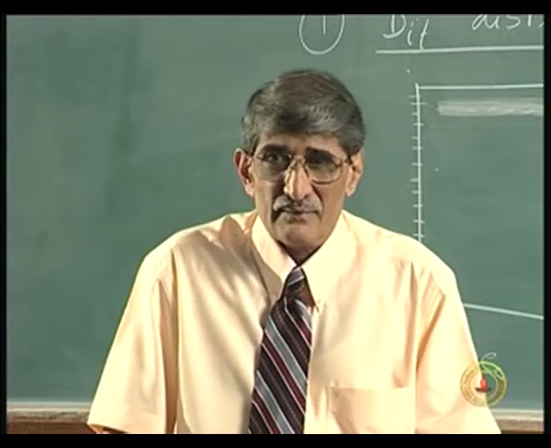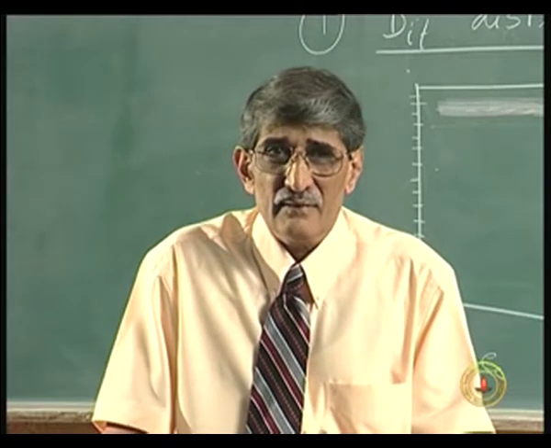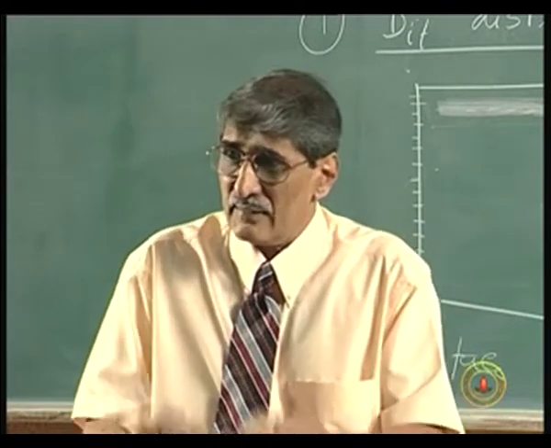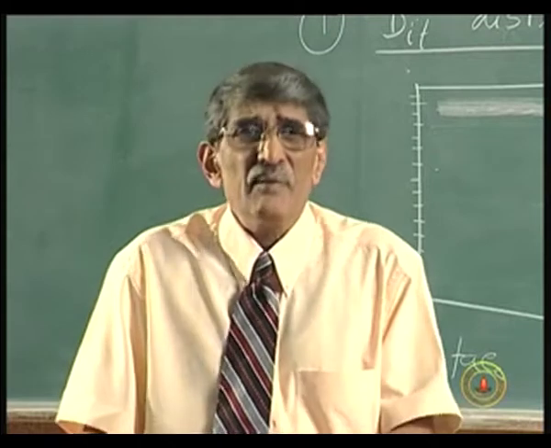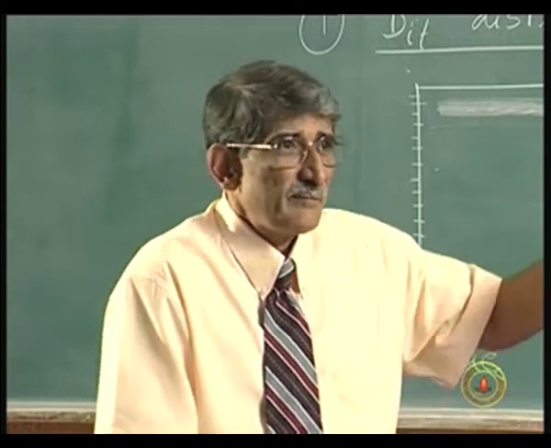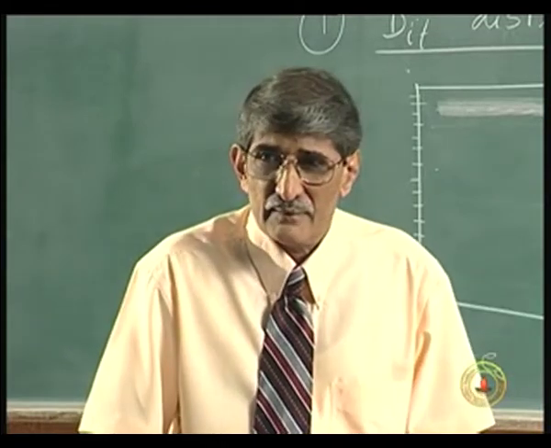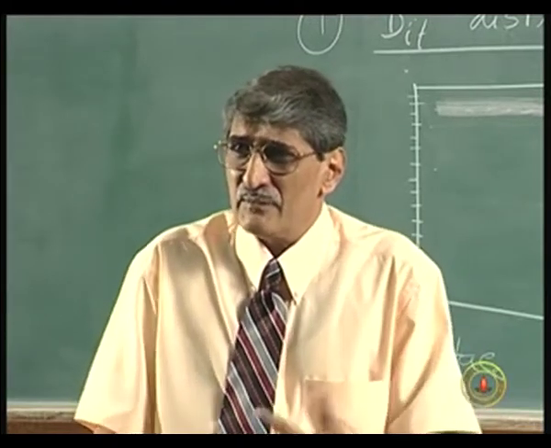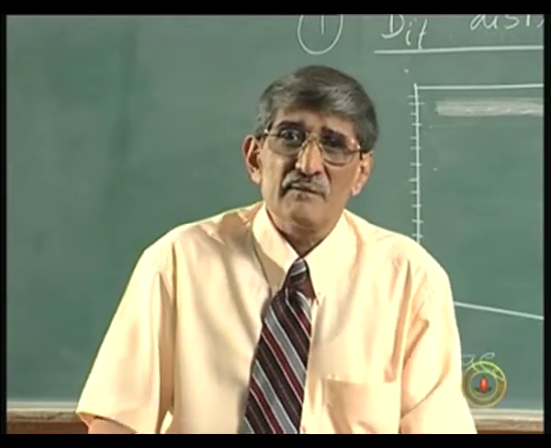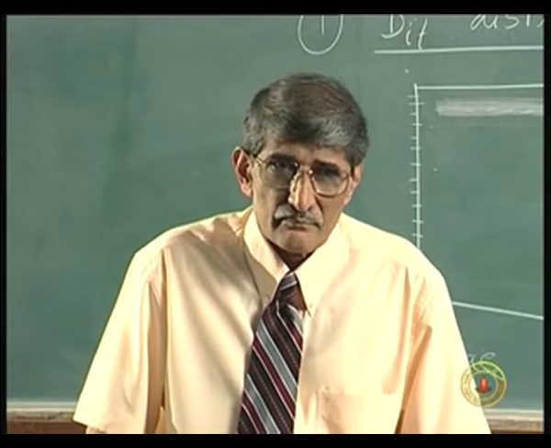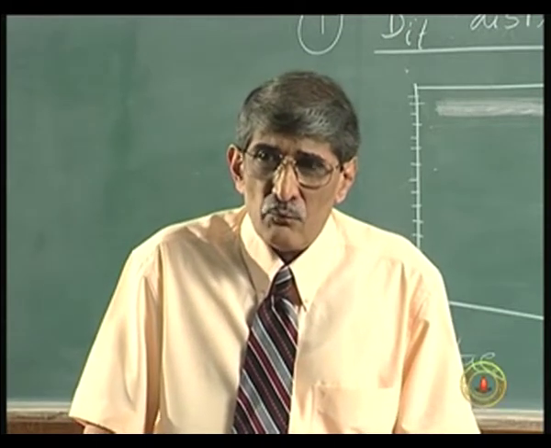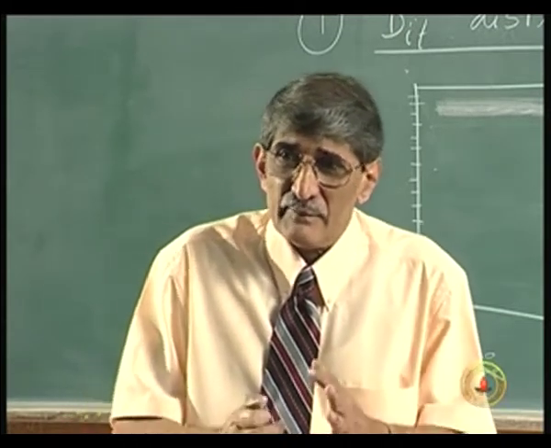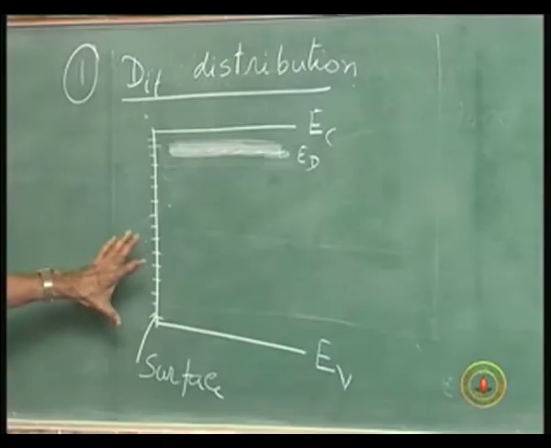So that means it can act as a donor or an acceptor. Some of them will form donors, some of them will form acceptors, okay? Because depending upon the situation, some of them will accept electrons, some of them will donate electrons.